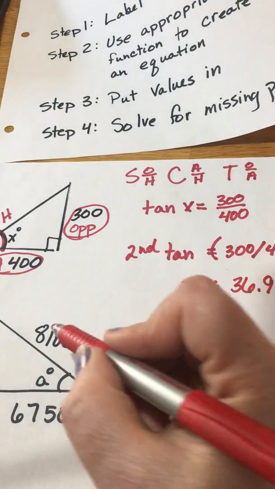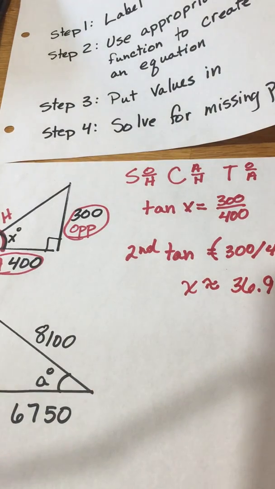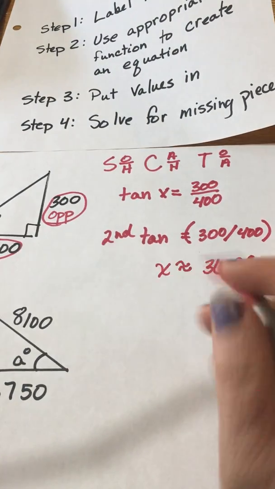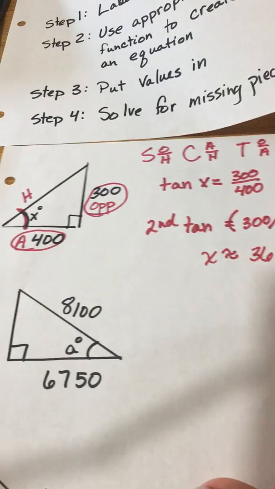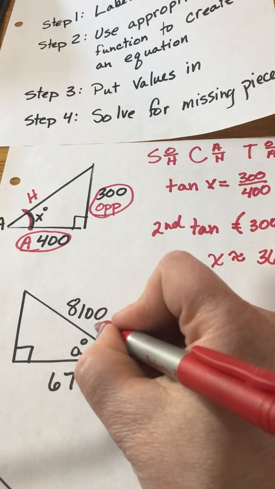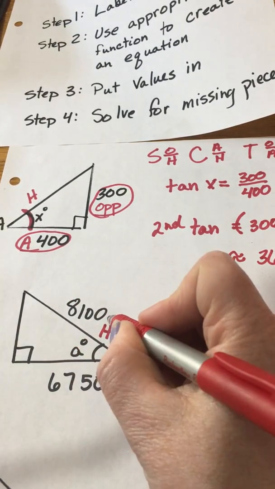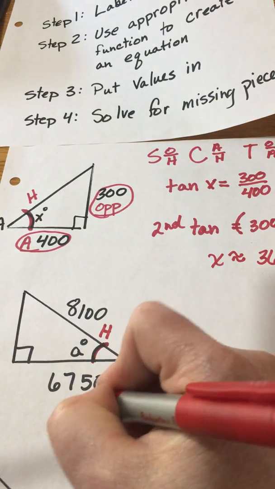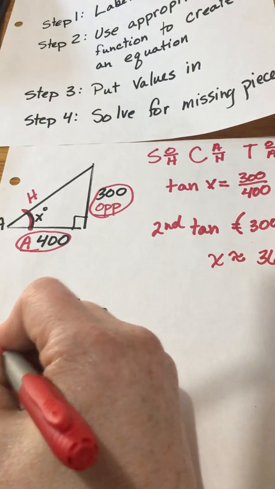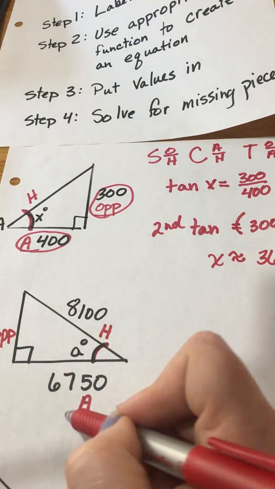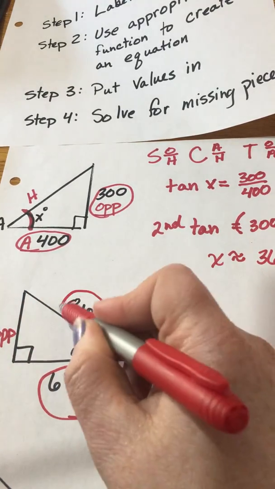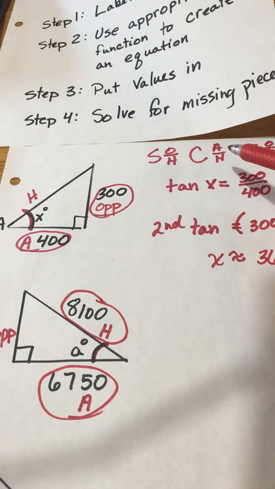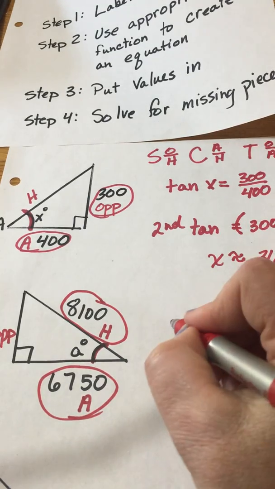For the next one, I'm going to go a little quicker because I think you probably have it now. My H is always across from the 90. I'm always playing keep away with the angle, so this number down here is my A, leaving my opposite. The only places I have values are A and H, and A and H is cosine.